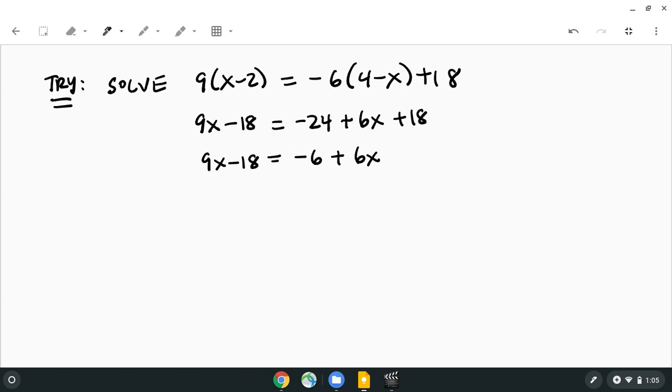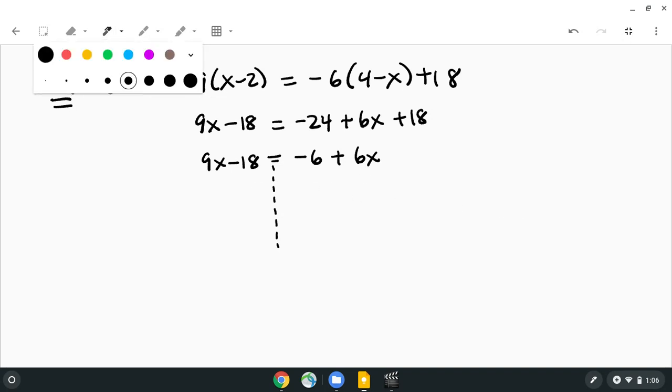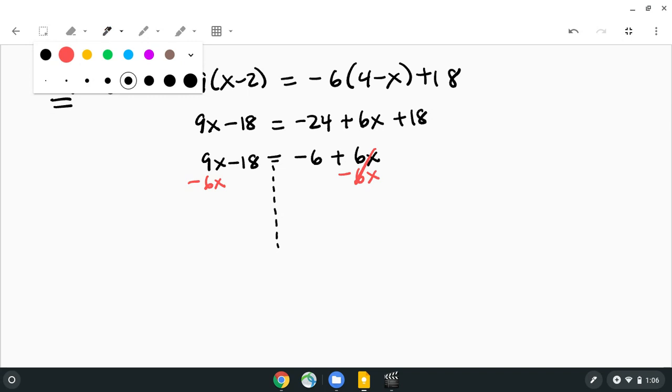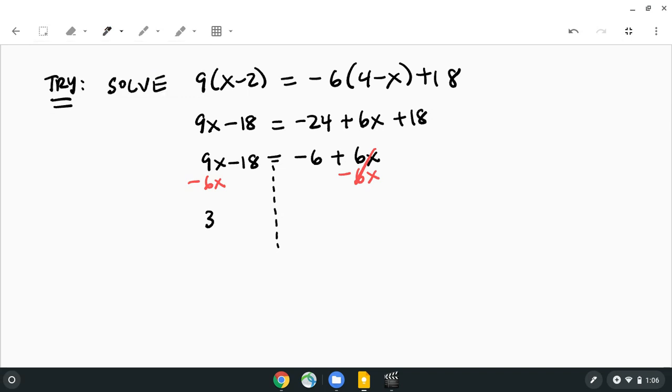Okay, now I can go ahead and start my solving. I have variables on both sides. So I can either subtract 9x on both sides, or I could subtract 6x on both sides. So I will choose to do this, subtract 6x on both sides. By doing that, I end up with 3x minus 18 on the left-hand side, negative 6 on the right-hand side.